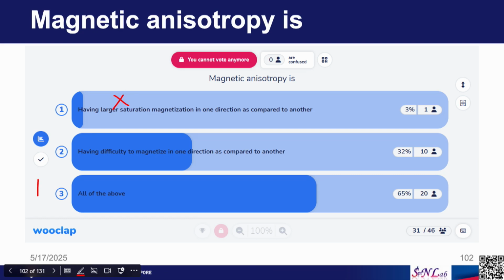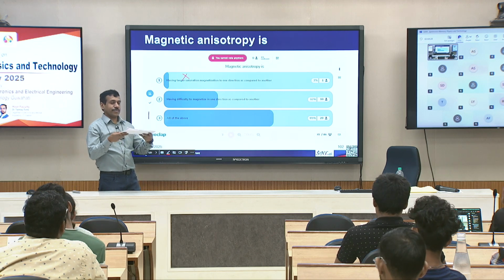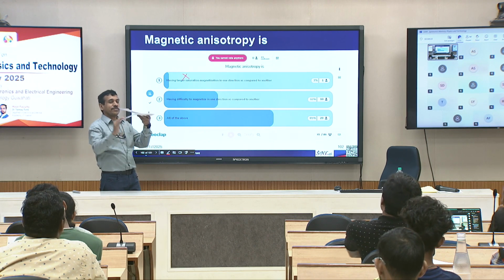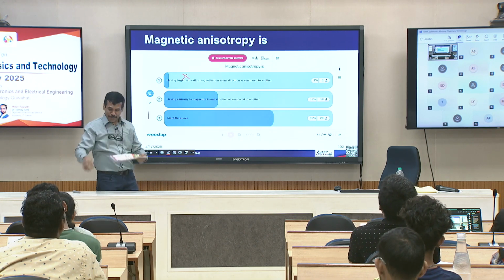If you take a material, let us assume you are comparing between this direction and any axis within the plane.